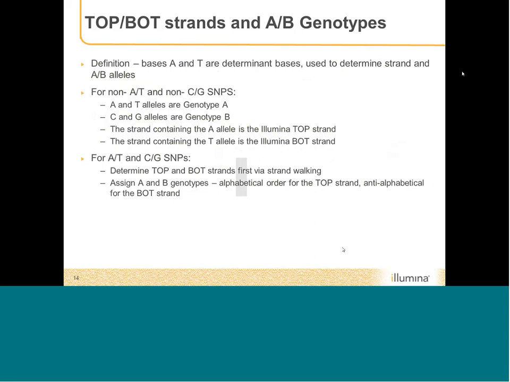So for these non-AT and non-CG SNPs, it's relatively simple. The strand containing the A allele is called the top strand. The strand containing the T allele is the bot strand.